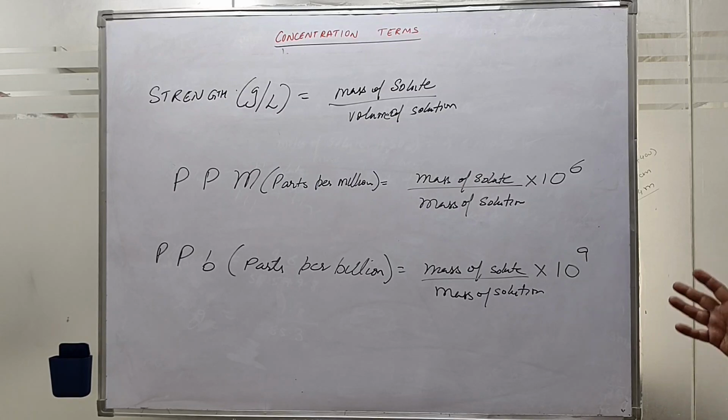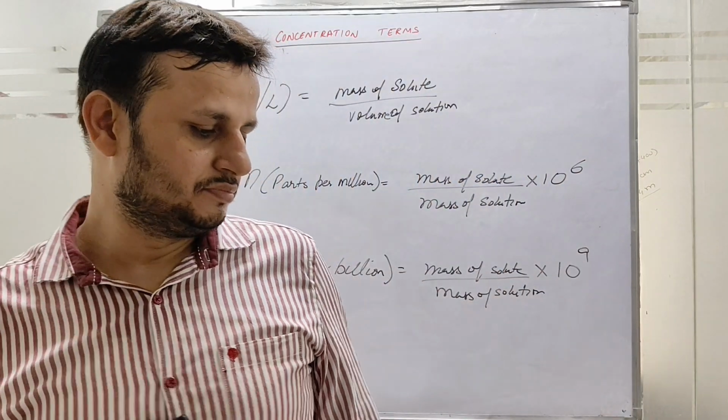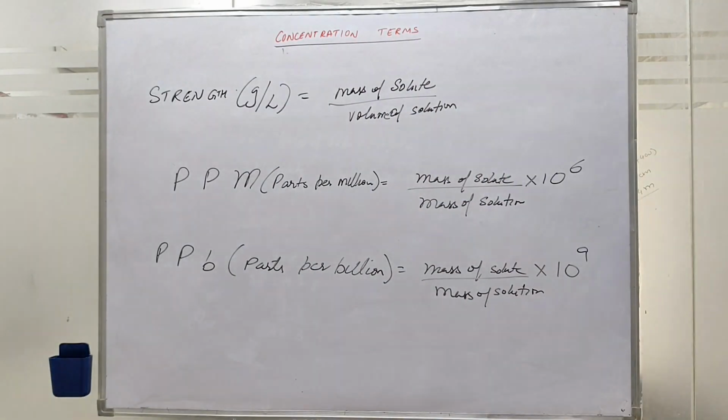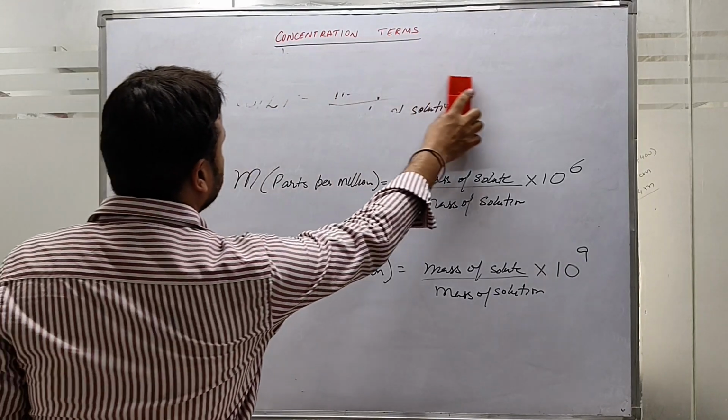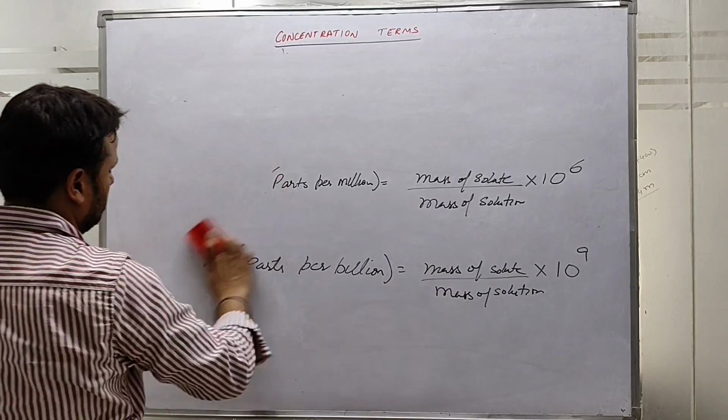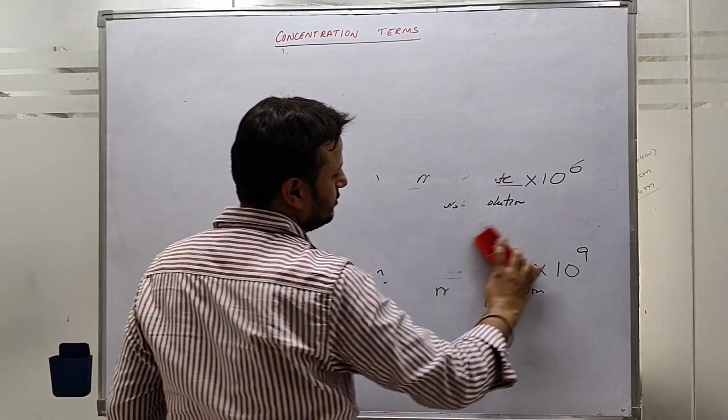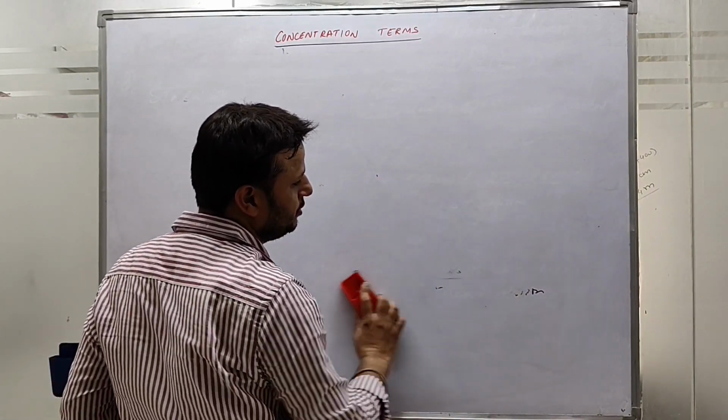Then we are discussing example on ppm. Write one question. A solution of CHCl3 is 15 ppm.